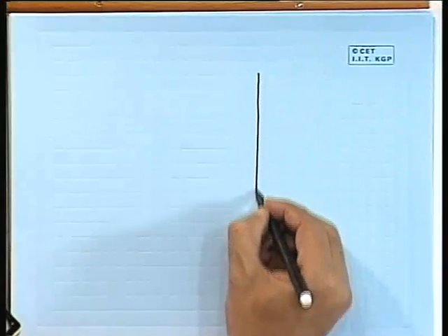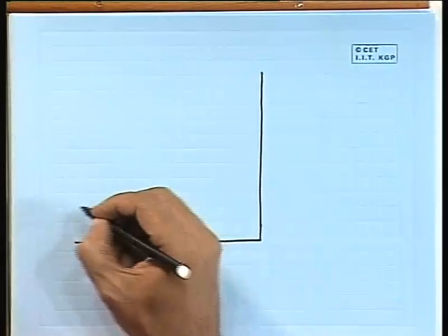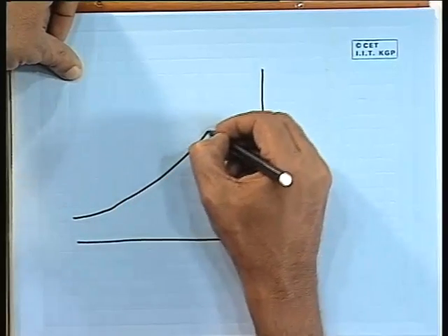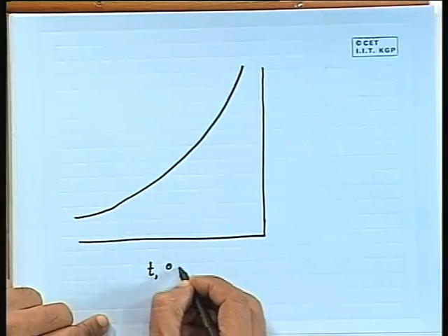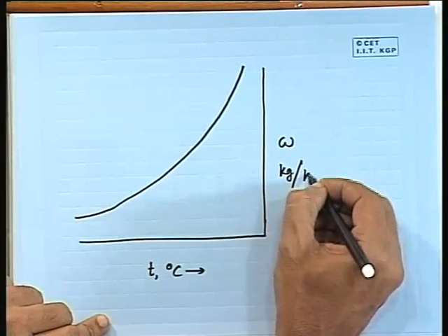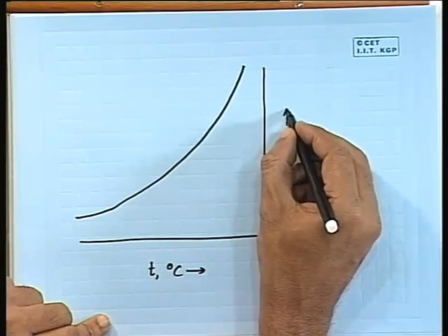Now, with this again I will quickly sketch the psychrometric chart. So, psychrometric chart looks like this. Temperature is in degree Celsius in this direction, kg per kg of dry air in this direction.